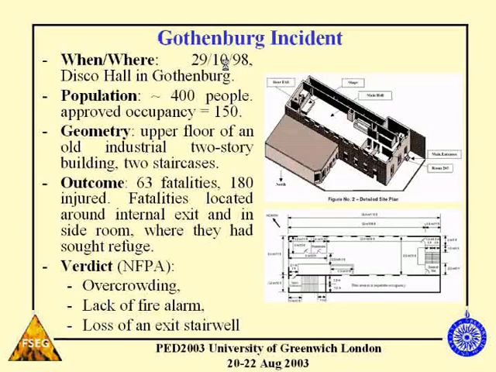Fatalities were located around the external exit and in side rooms where they had sought refuge as they were trying to get out. The NSPA concluded that the tragedy was a result of overcrowding, lack of a fire alarm, and loss of an external staircase.